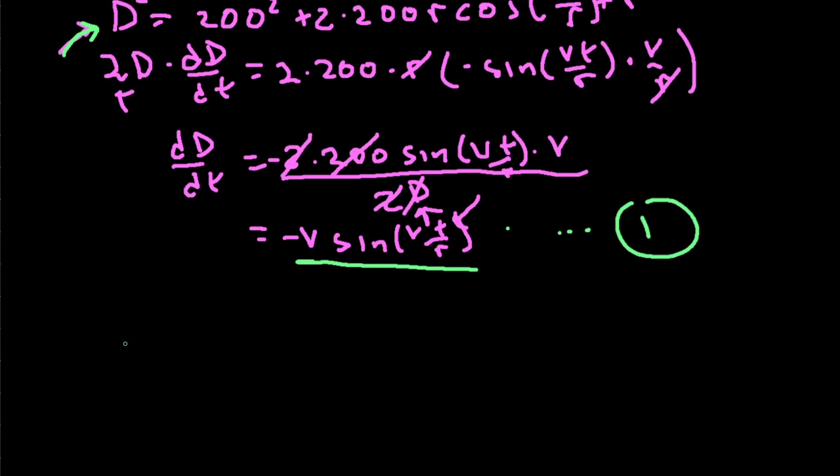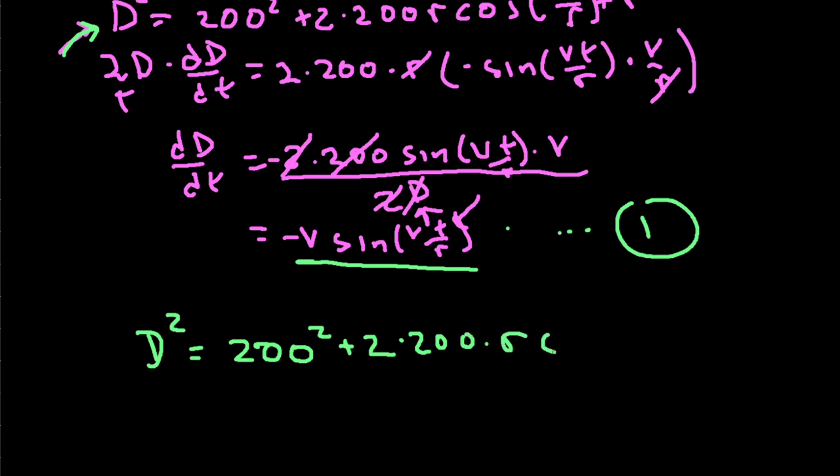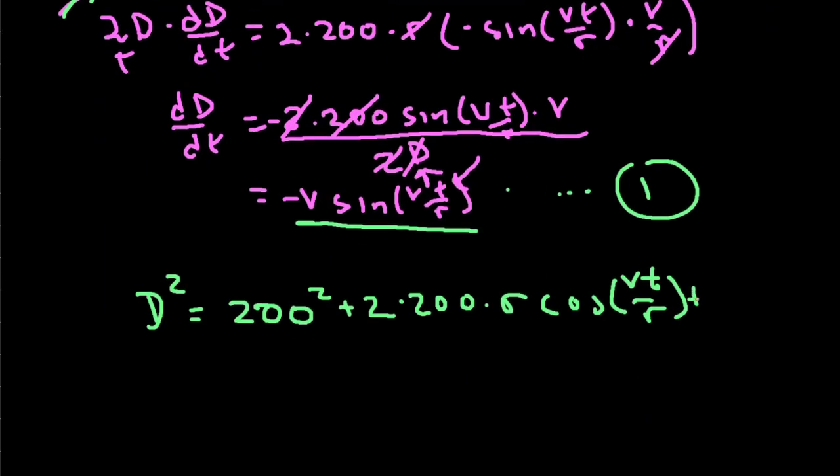So d squared. This is before we take the derivative. And plus r squared. So d squared. D is 200, so I'm just going to rewrite this as 200 squared.